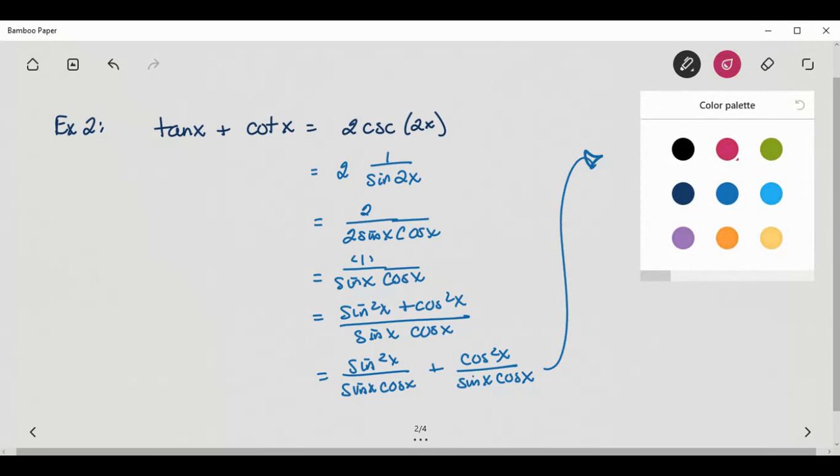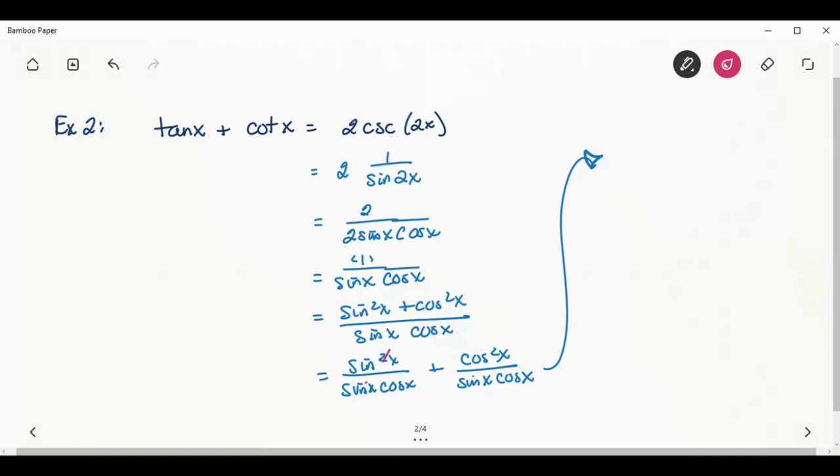In the first fraction, a sine and a sine will cancel, and in the second fraction, cosine and cosine will cancel, giving us 2 new fractions: sine x over cosine x, plus cosine x over sine x.